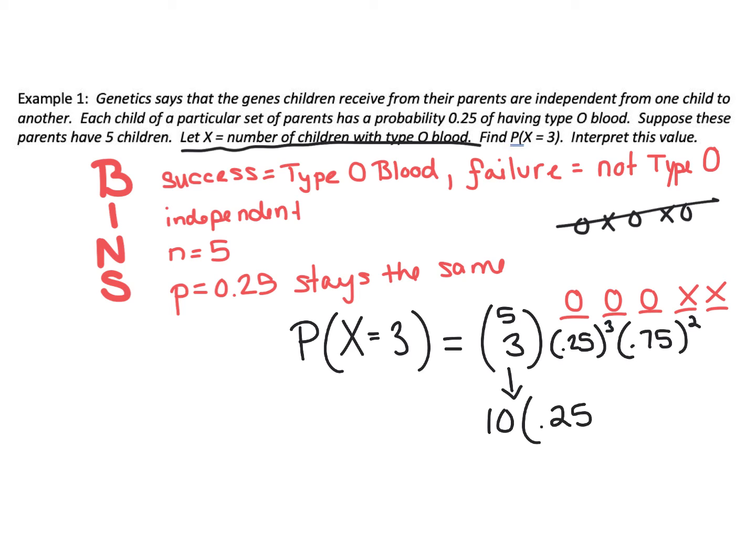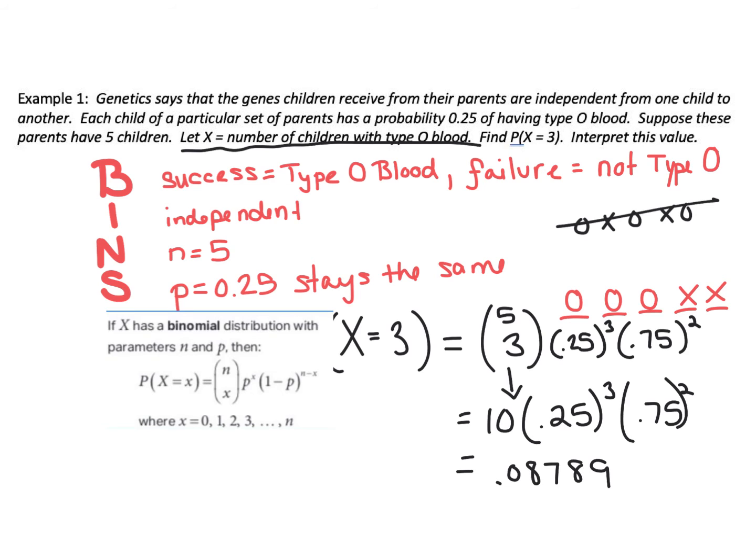And then I'll just type in times 0.25 to the third and 0.75 squared. It gives me a probability of 0.08789.